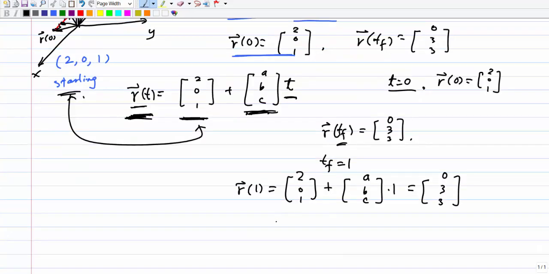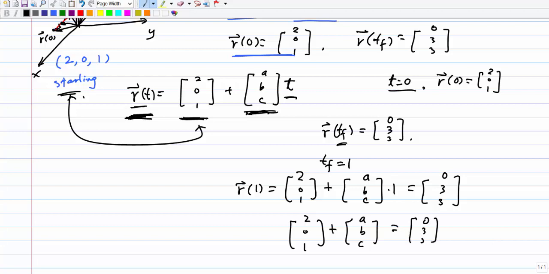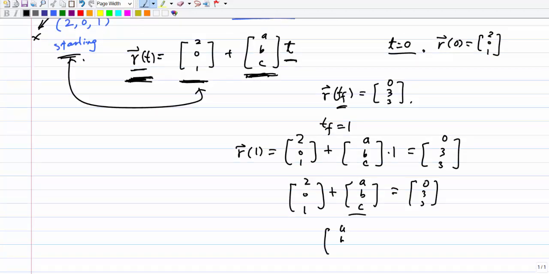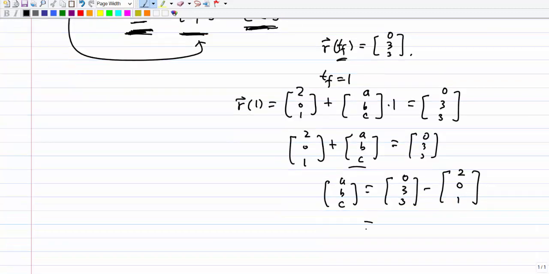So I have (2, 1, 0) plus (a, b, c), which equals (0, 3, 3). This means I select (a, b, c) as (0, 3, 3) minus (2, 1, 0), which is (-2, 2, 3).